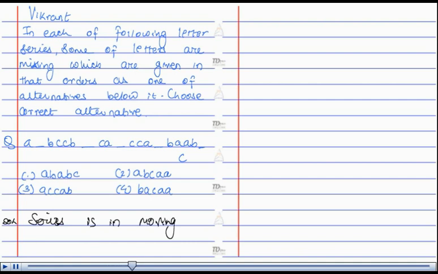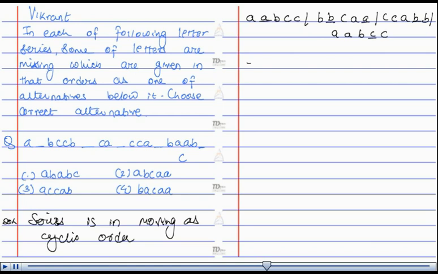If you look at the pattern, that is A, B, C, C. The next will be B, C, A. The next will be C, A, B. The next will be A, B, C and C. So this is the required pattern.